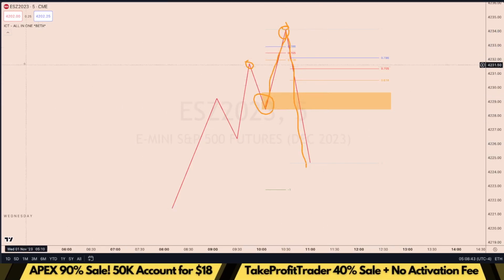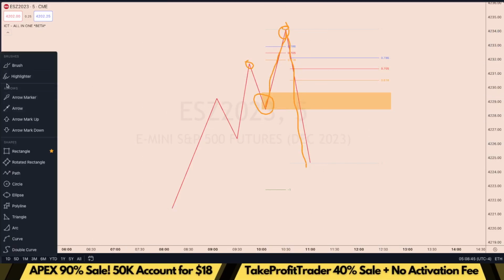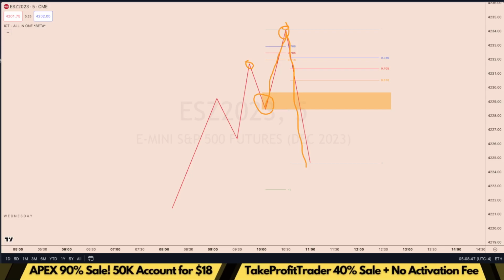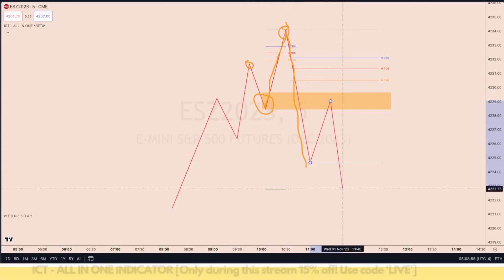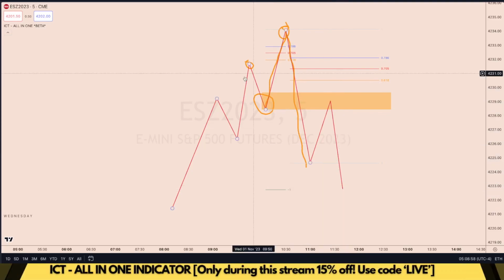It's not lining up with our breaker block, but most of the time it doesn't. We see the retracement into our breaker block, old support being turned into resistance, to deliver to our standard deviation target. It's always the same. Of course, sometimes it's cleaner than other times.